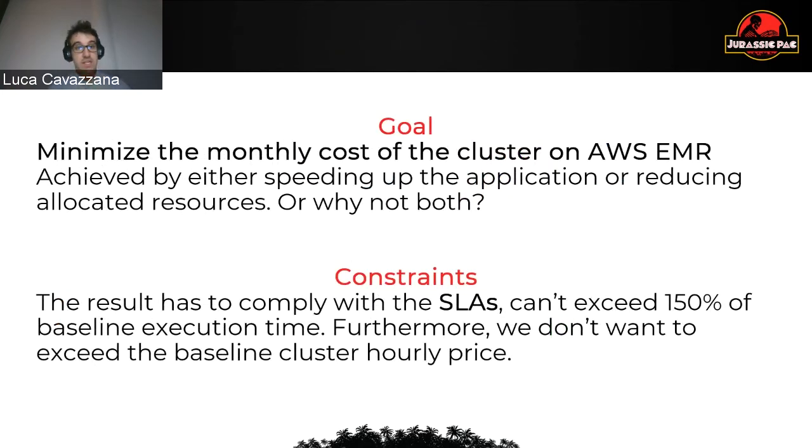So our goal is to minimize the monthly cost of managing such an application, namely minimizing the bill that we are going to get at the end of the month.